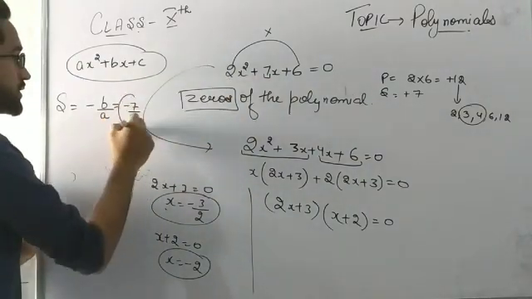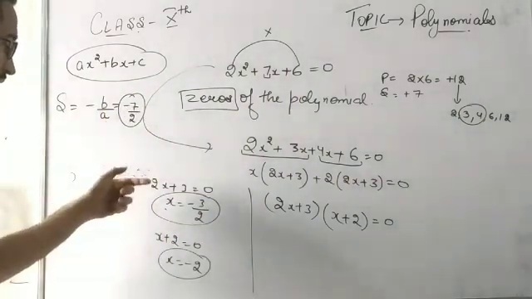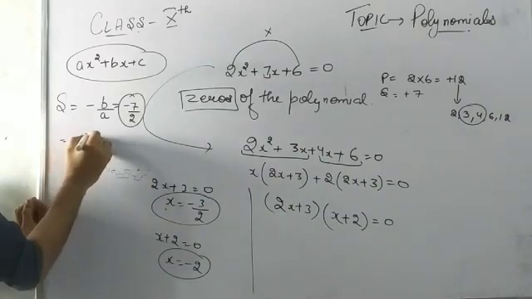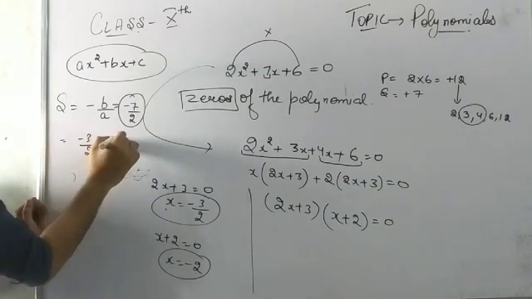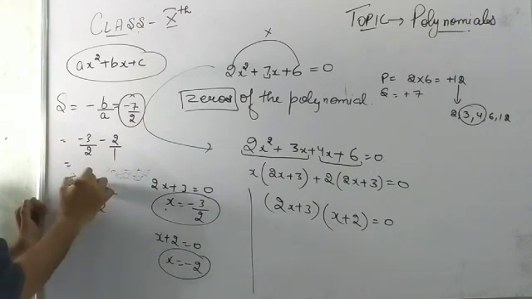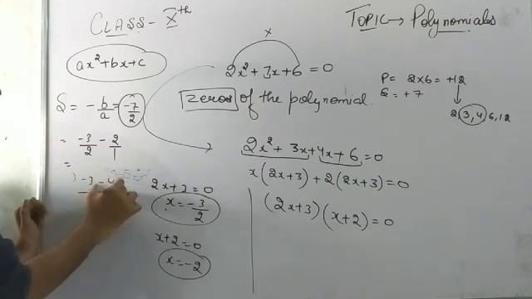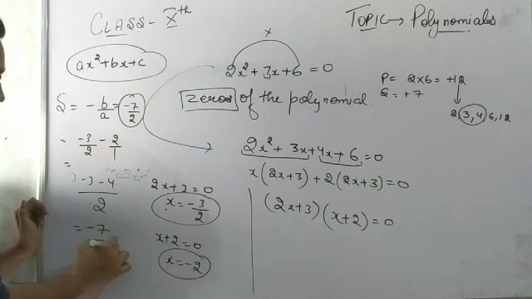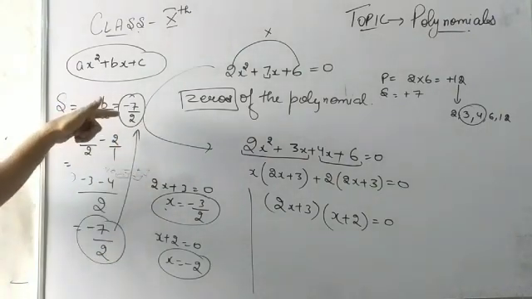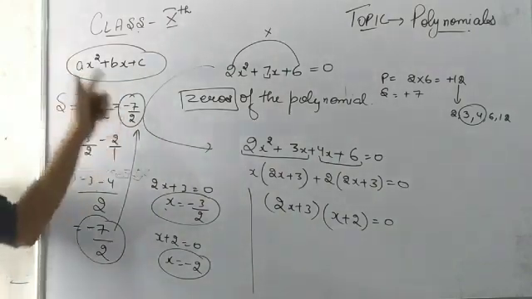So this will be our sum of two zeros. Let's confirm it. I'm going to add these two zeros. It will be minus 3 by 2 minus 2. You can take the LCM here, 2, that will be minus 3 minus 4. So you can see minus 7 by 2 is coming, that is equal to this. That means our formula is correct.